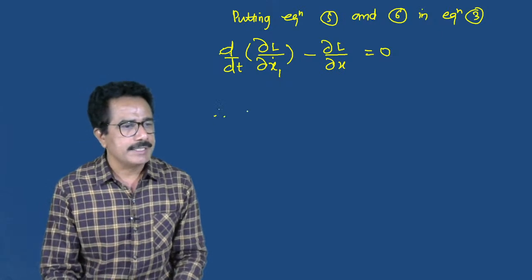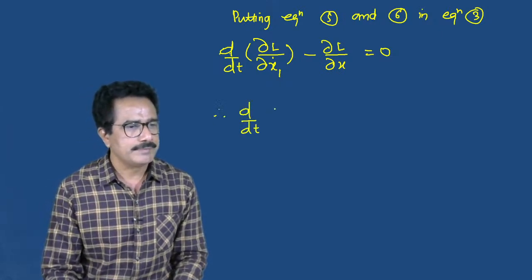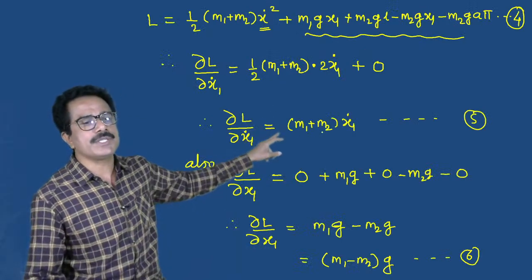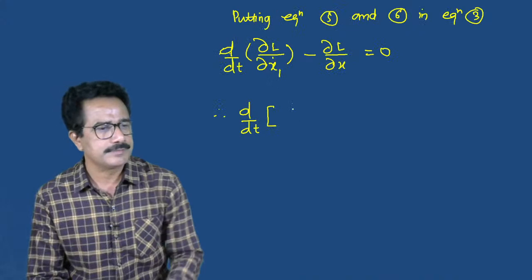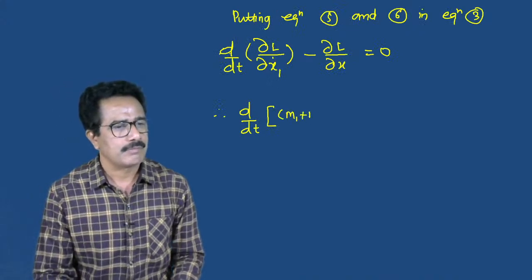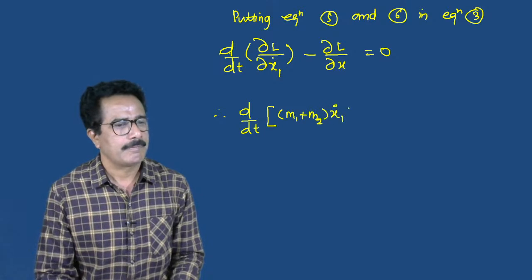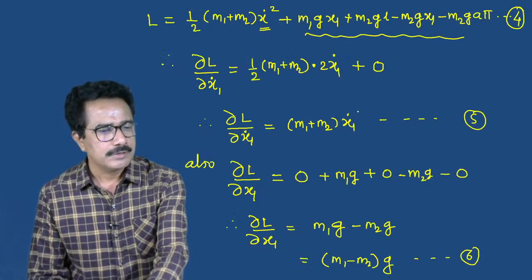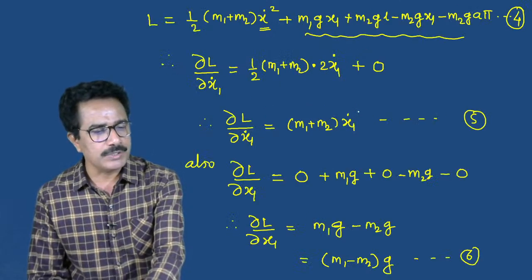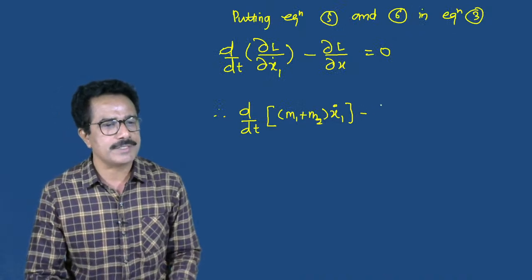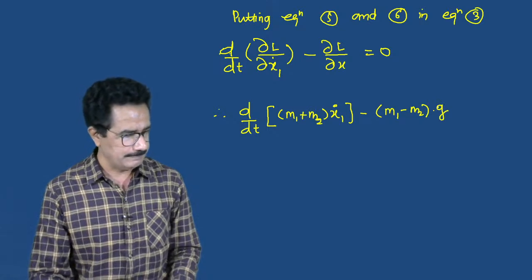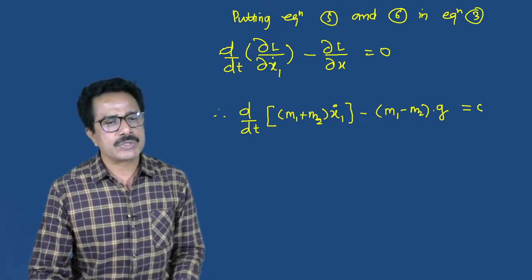So d by dt of dou L by dou x1 dot means (m1 plus m2) into x1 dot, minus (m1 minus m2) into g. Dou L by dou x1 means (m1 minus m2) into g, which is equal to 0.